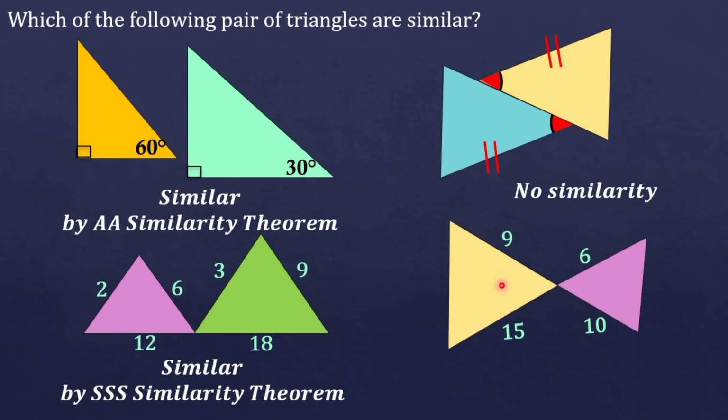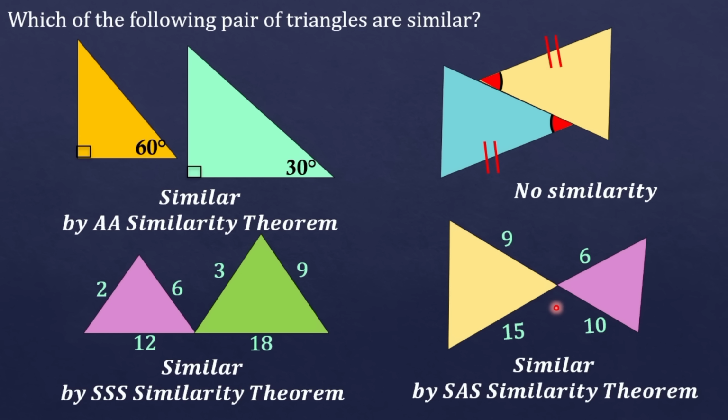Next, this one naman. Meron tayo ditong dalawang sides na given. Kung kukunin natin ang similarity ratio niyan, we have, they are similar. Why? By SAS Similarity Theorem kasi these two angles are congruent. Okay? Why? Kasi po yan po ay vertical angles.